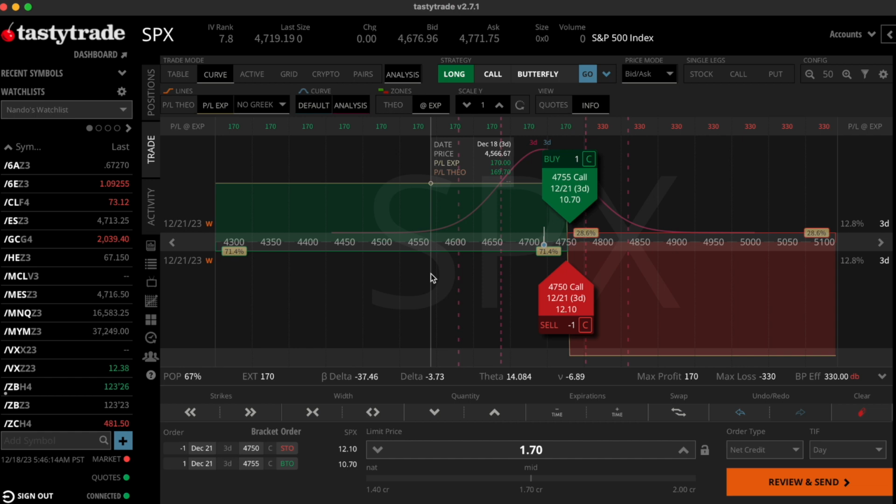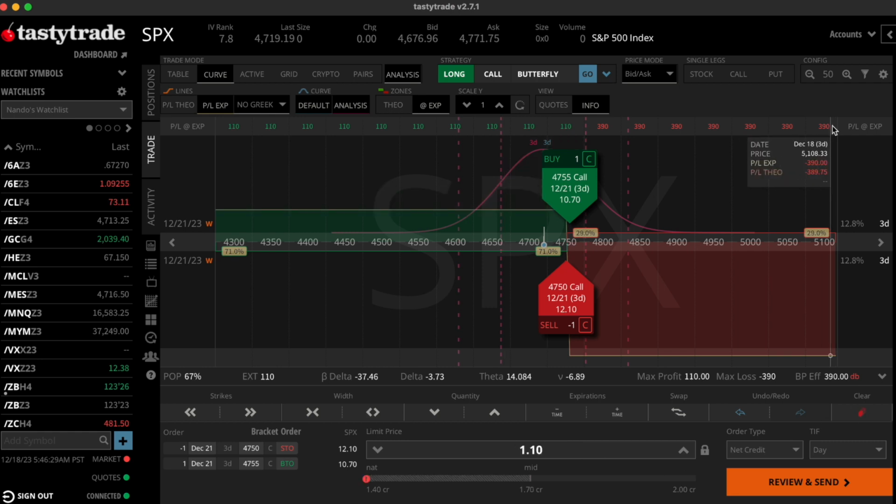And then I noticed that this call vertical was trading for around 10 cents, and I had sold it at $1.10, not $1.70. So let's see. Let's say we did that. And again, I'm not going to go through the visual. It's going to look pretty much the same as it did before. You see the difference.